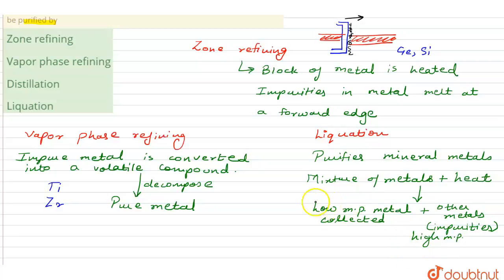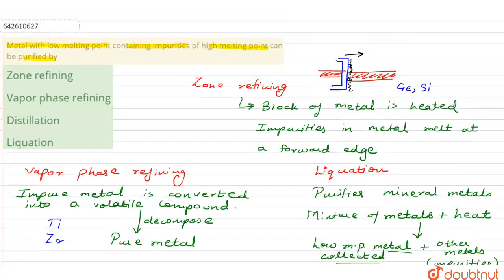Basically this low melting point metal will be collected in the form of a liquid, and that is your liquation process. So the question is indicating the liquation process for purification. In short, option number 4 is the correct answer to our question.